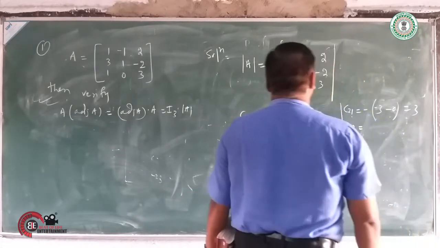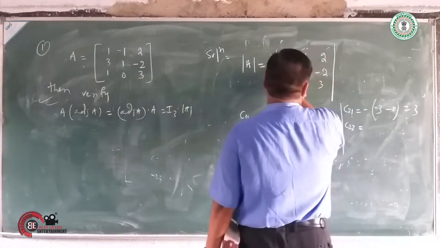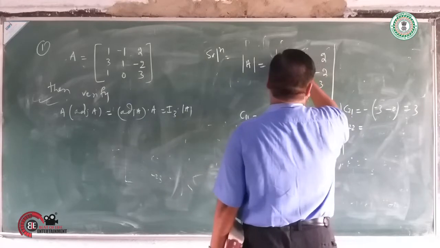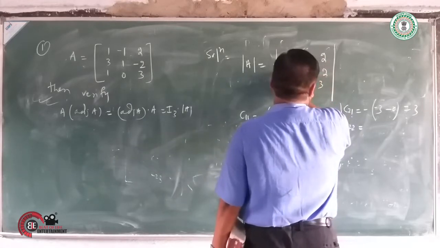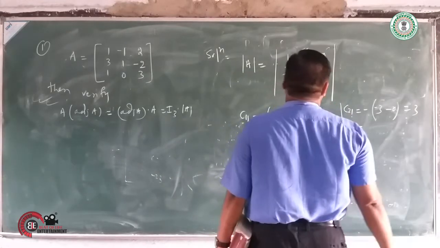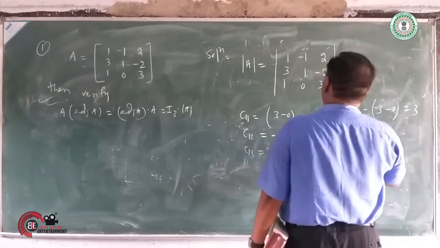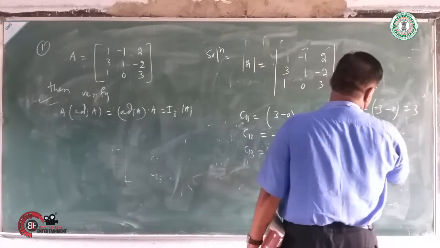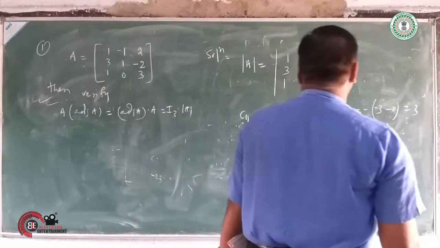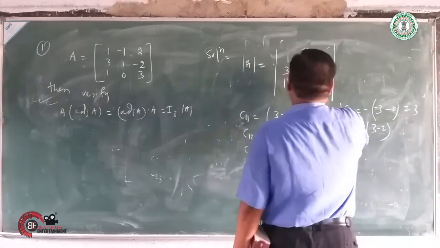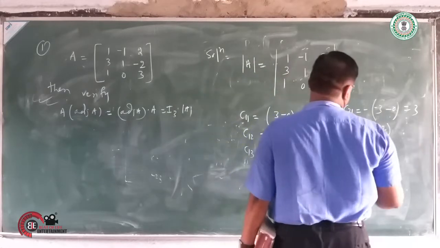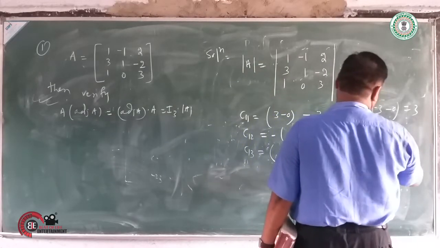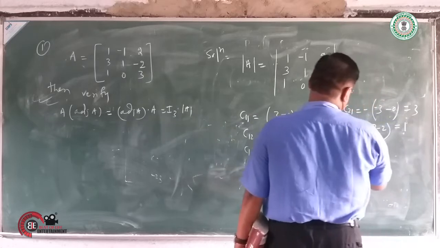C22: cancelling this row and column, 3 minus 2, so it will be 1.